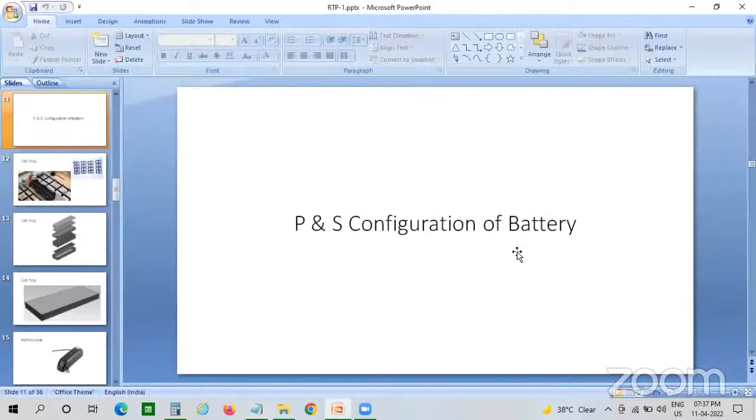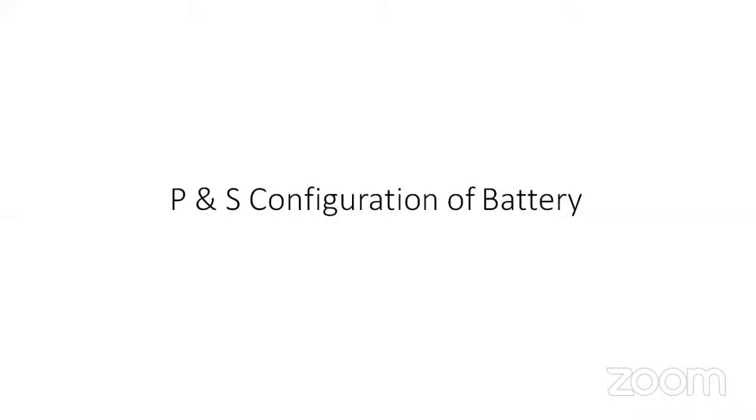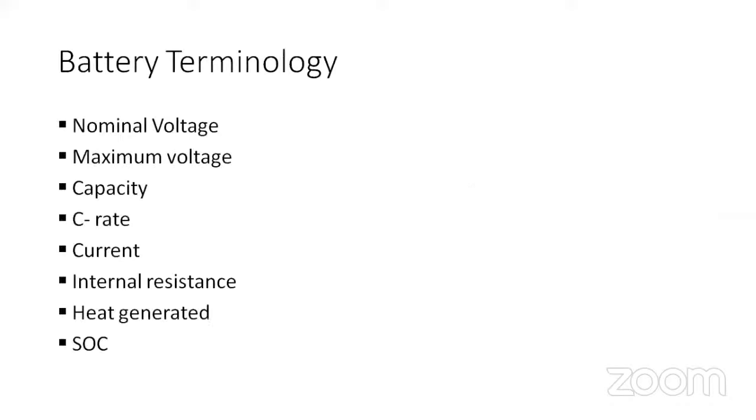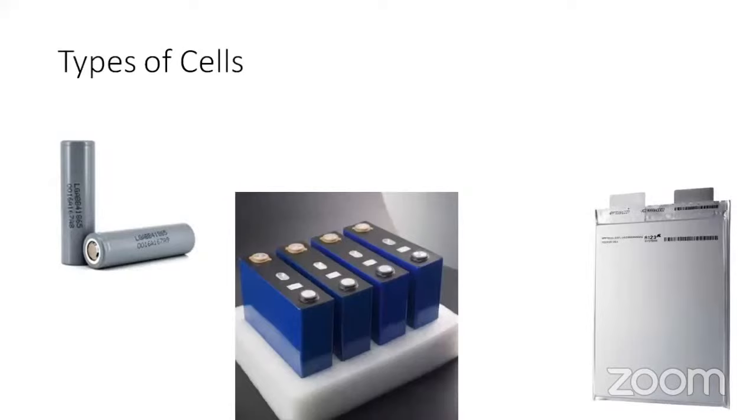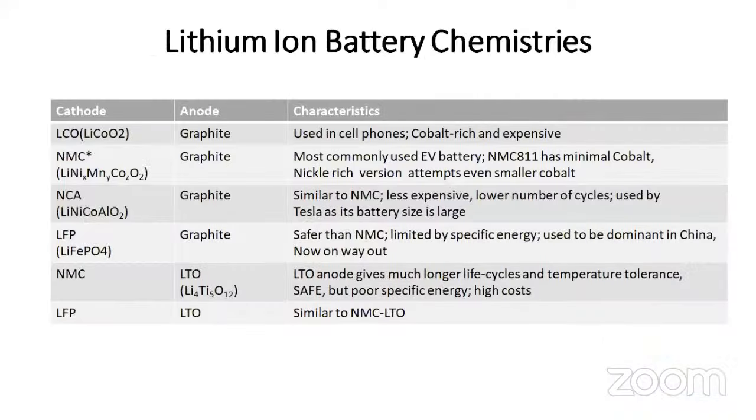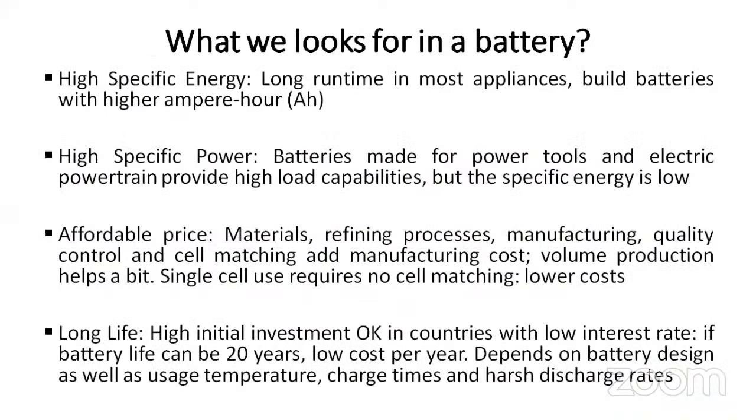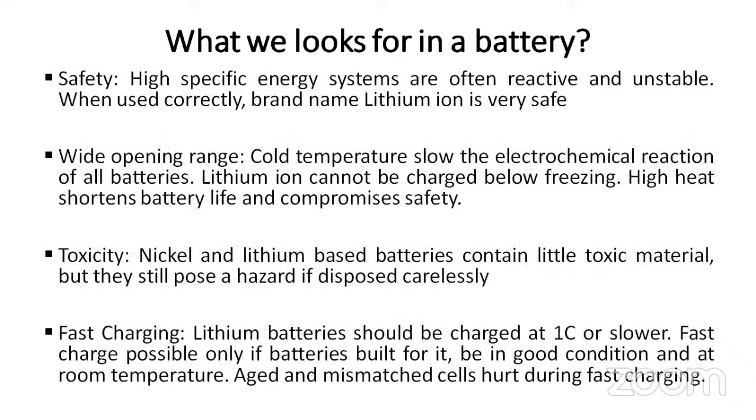Now moving ahead. So what have we done? We have decided the form of the cell, we have decided the chemistry of the cell, and we have considered a few parameters while designing a cell: the specific energy, the specific power, the pricing, the life cycle of the battery pack, the safety of the battery pack, the operating range, the toxicity level, and the fast charging methodology.